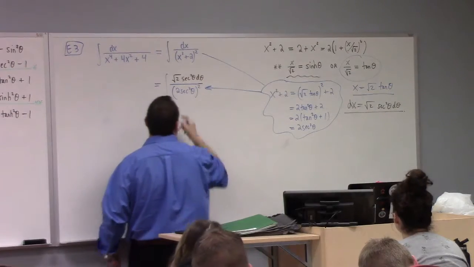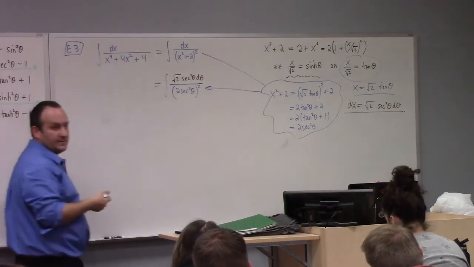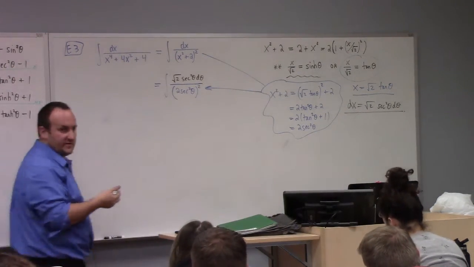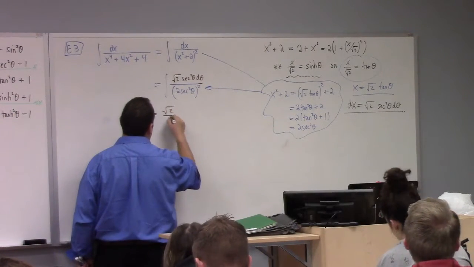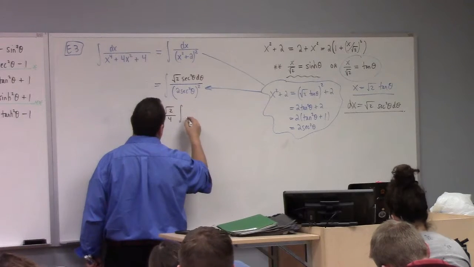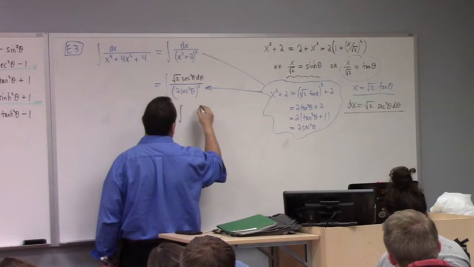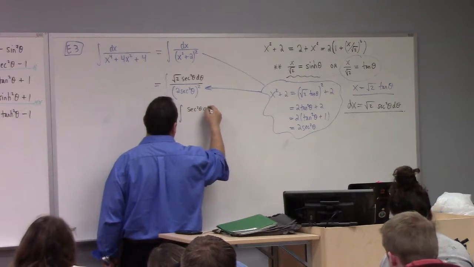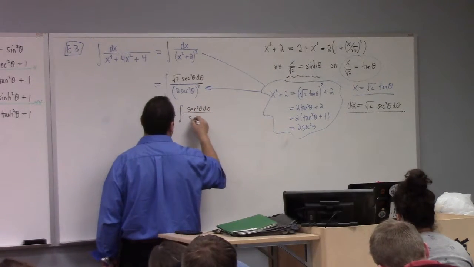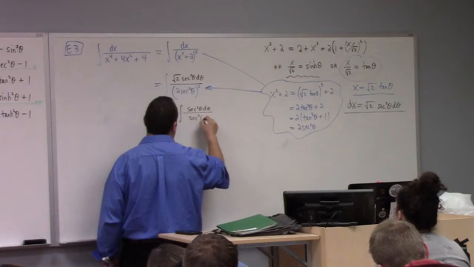Now, how does this simplify? Let's pull the constants out front. What are the constants? We've got a square root of 2 divided by 4, integral of, oh, look at that. So we've got secant squared theta d theta over secant to the 4th theta, right?